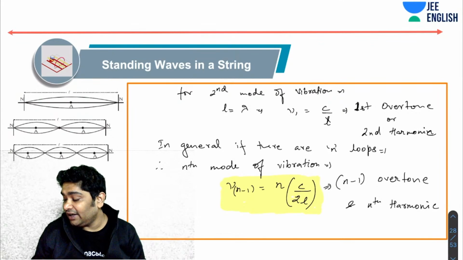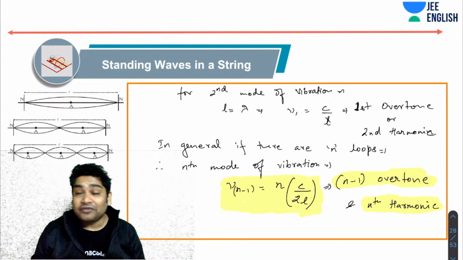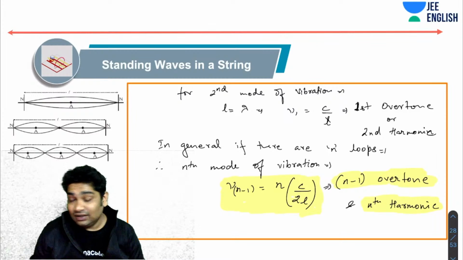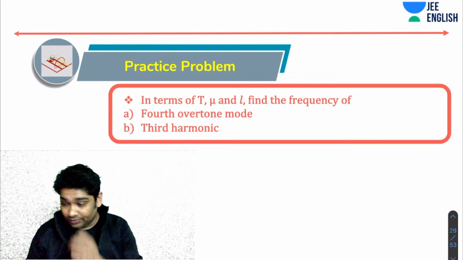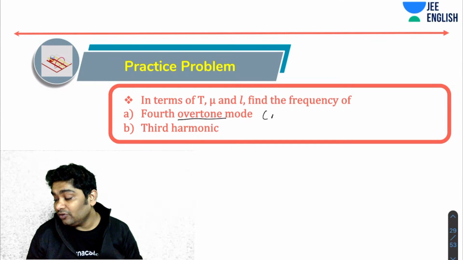So this is called the n minus 1 overtone and the nth harmonic. If you had to find the fourth overtone, n would be equal to 5, right?